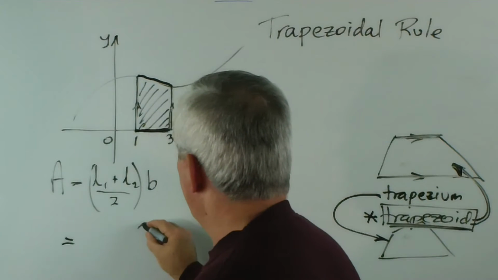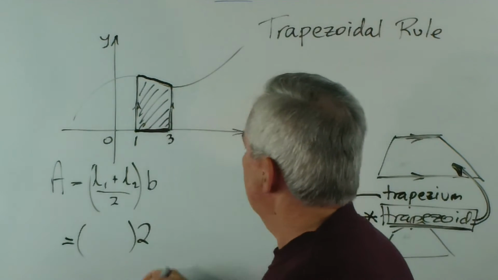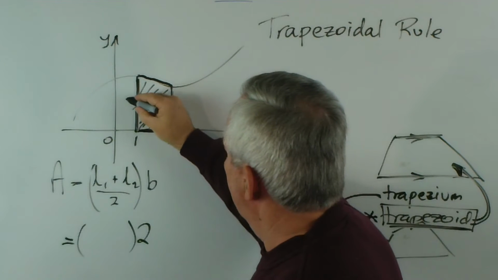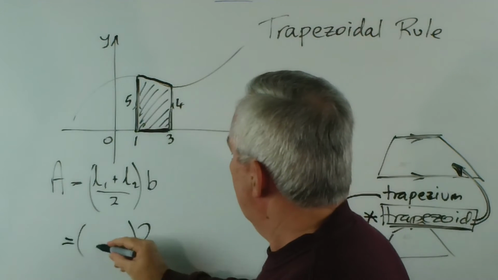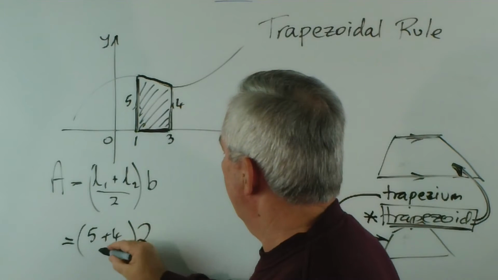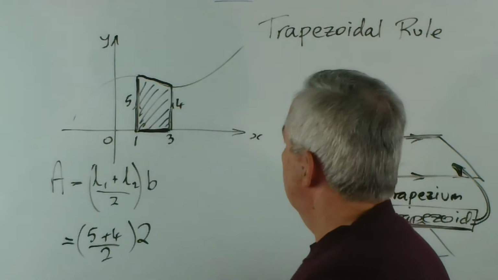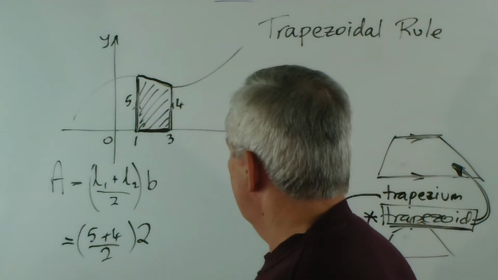I would have an area of 2 times, and let's say that the function value here, or the length here, was 5 and the length here was 4. I would simply put 5 plus 4 over 2 and find the average length of this particular trapezium.